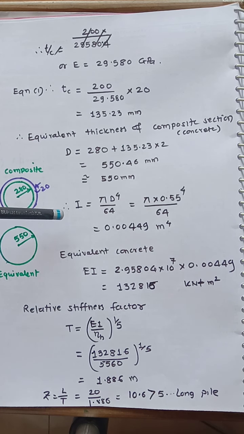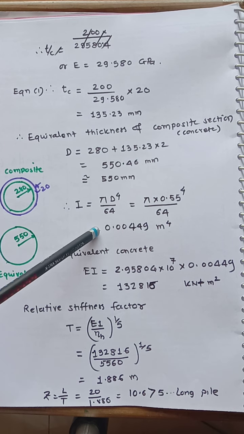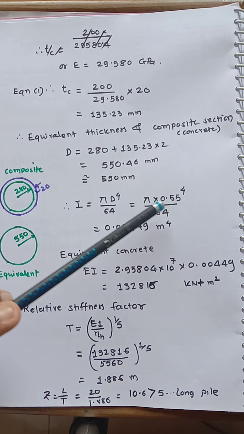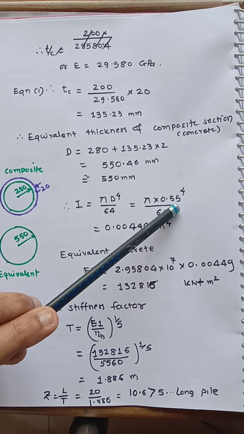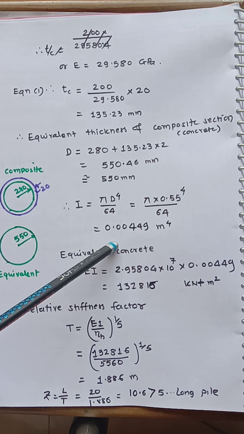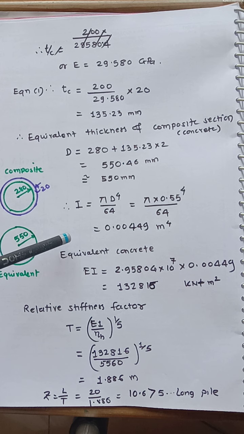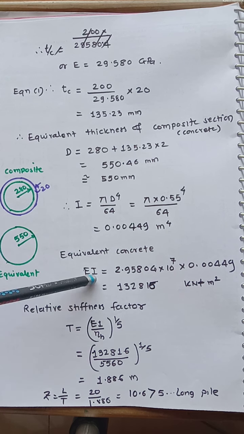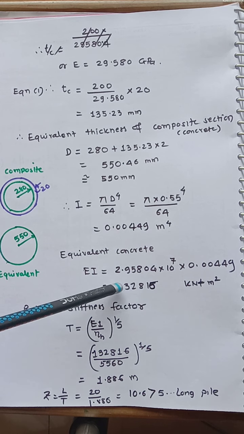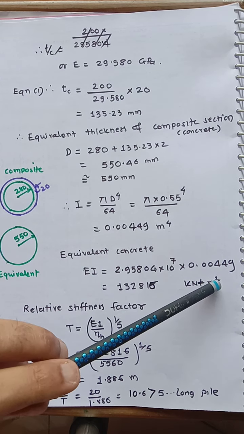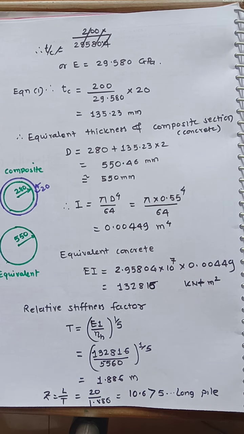Now find out the I value: pi d to the power 4 by 64. Here the diameter is 550, so 0.55 meter. So we get the I value here as 0.00449. So for the equivalent concrete, you know E and I, so multiply these two values, and you get EI as 132816 kilonewton meter square.